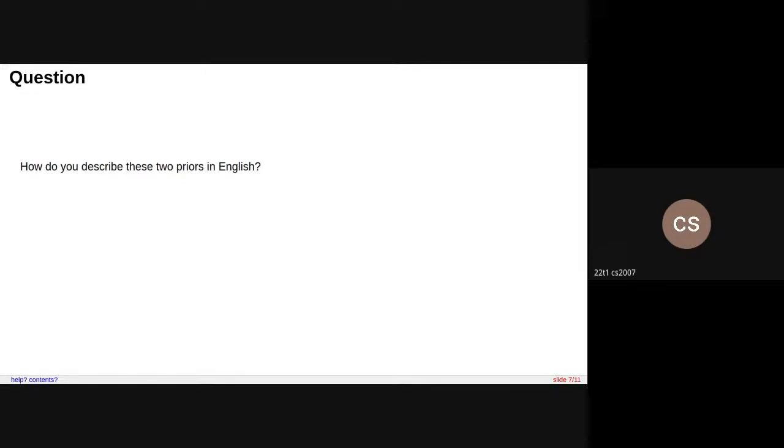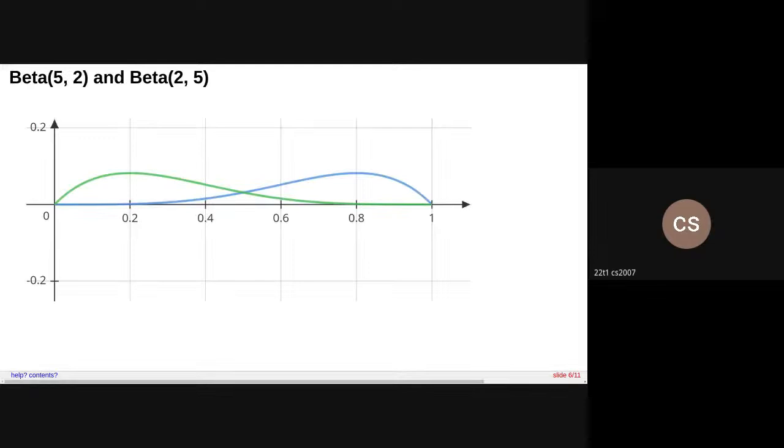Okay, so how do you describe these two priors in English? That's more important from our ML context. So the blue prior, which is beta of 5, 2, if you want to describe it in English, what will you say? So what is the hunch that this is encoding?